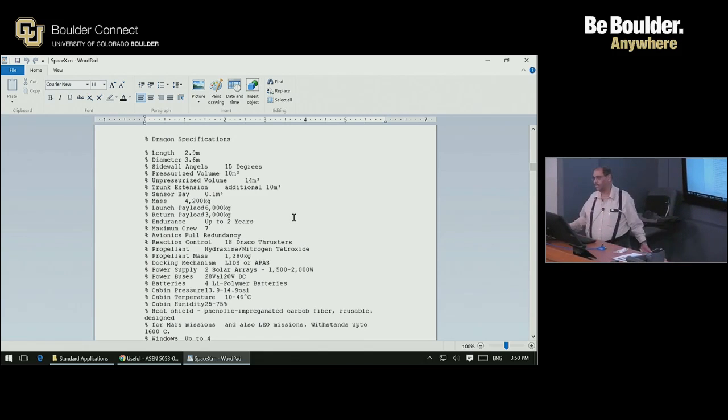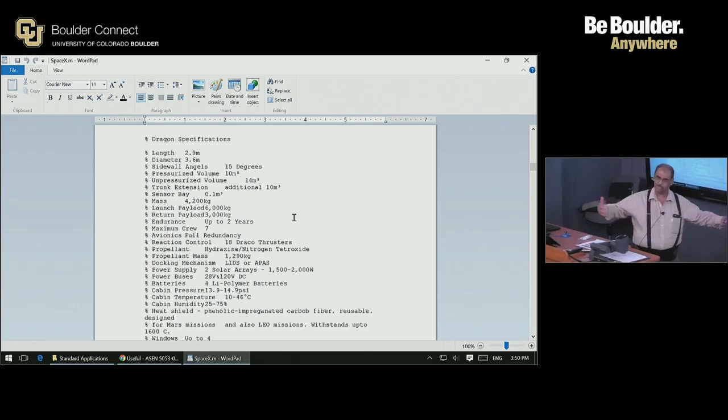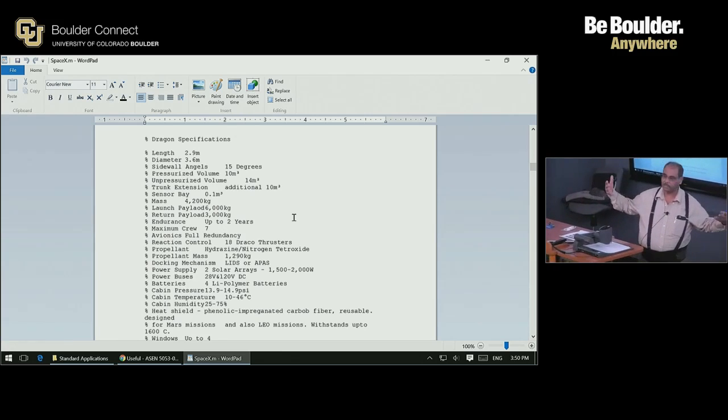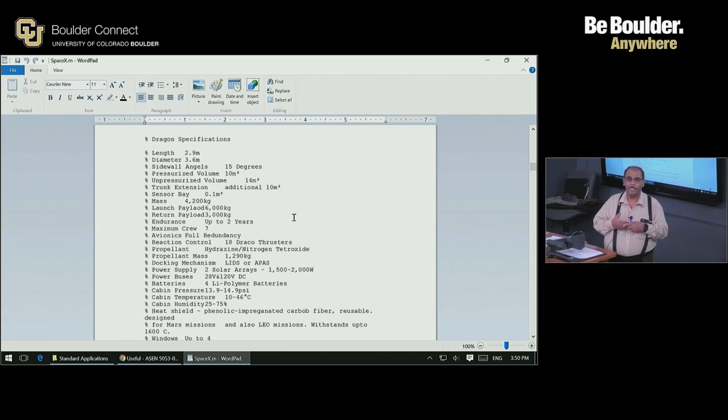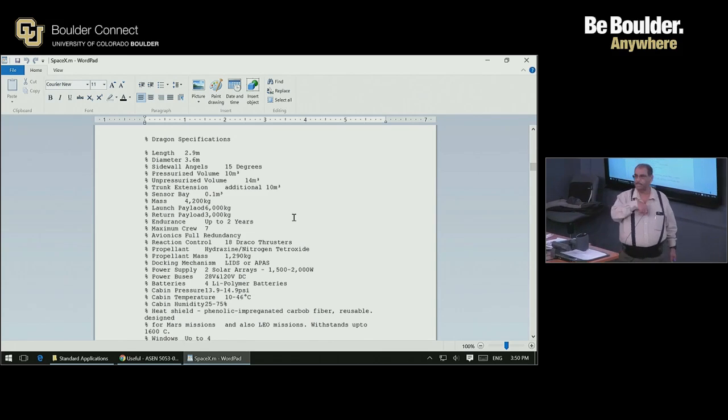So it's not an inert thing. You have to have a power source. In other words, you have to have solar panels to provide the power, or batteries, as the case may be. In this case, solar panels. You have to have propellants on board, so you can maneuver the spacecraft to the International Space Station and also come back. You have to execute a delta V to deorbit and things like that.